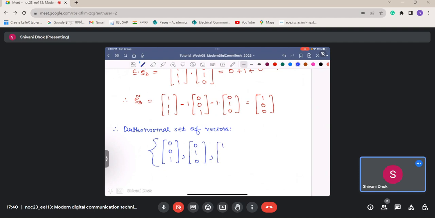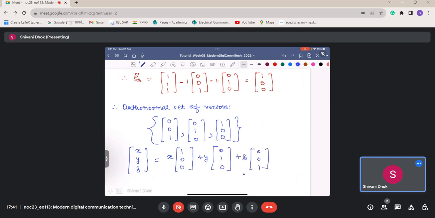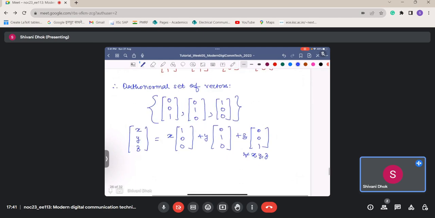and (1, 0, 0). Now this is a very peculiar example of a basis. You can construct a vector (x, y, z) as x into (1, 0, 0) plus y into (0, 1, 0) plus z into (0, 0, 1) for all x, y, z, whichever space you are in, real or complex.